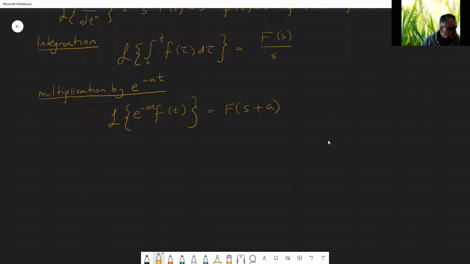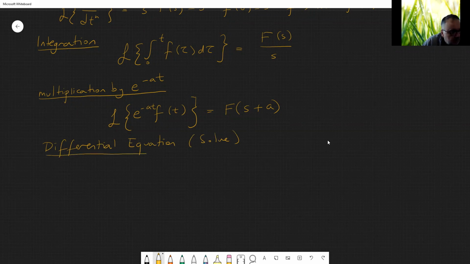Now, the main thing we do with the Laplace transform is we try to solve differential equations. You probably have seen this, but let me just give you a simple example.